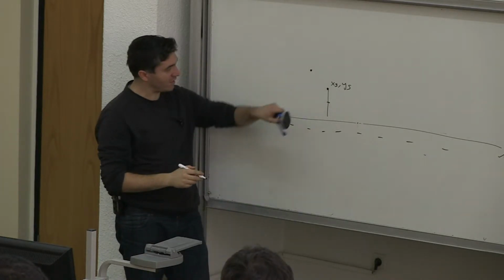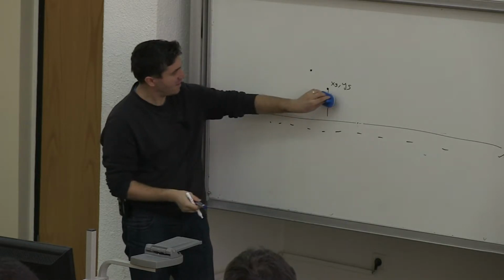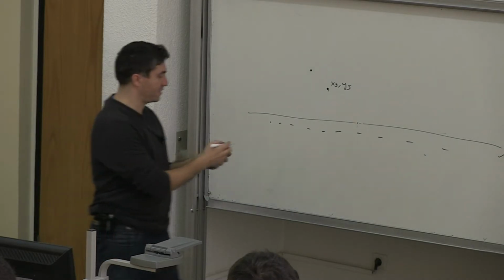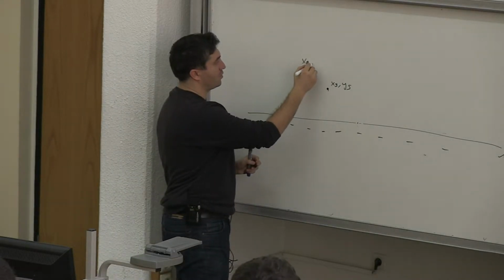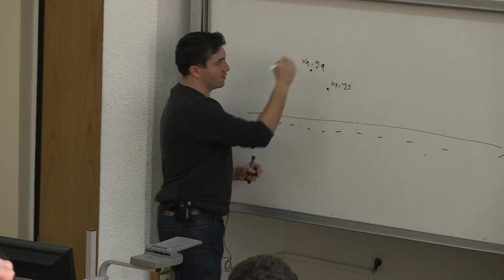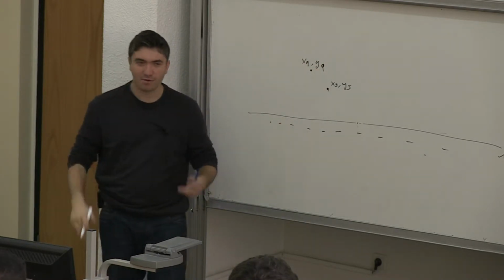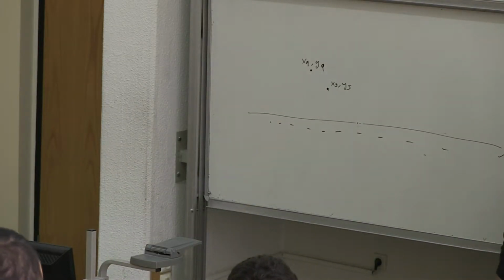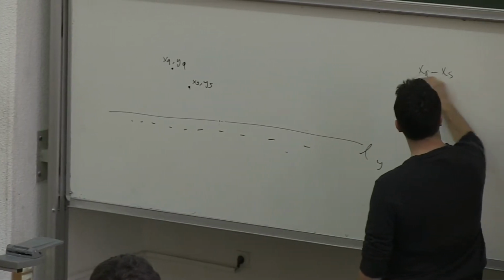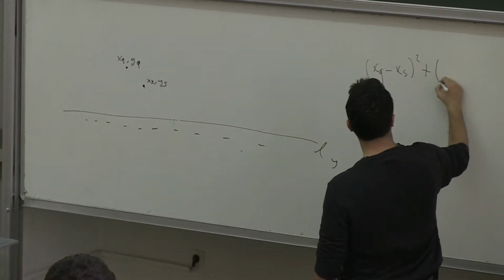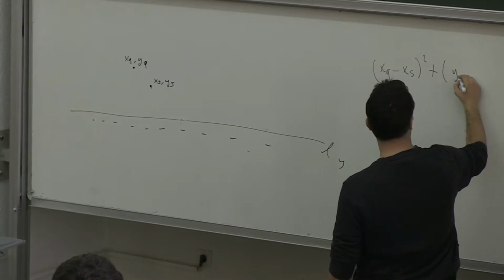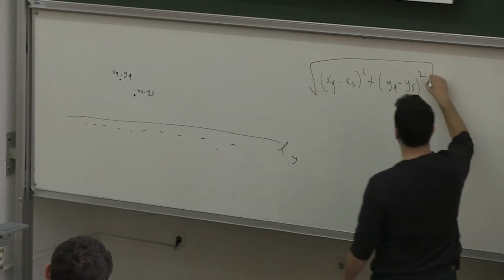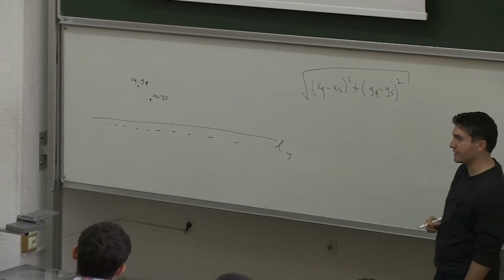In order to find all such points, let me just name them xq, yq. In order to think about the shape of these points, you need to do this, right? The distance is xq minus xs squared plus yq minus ys squared. This is the Euclidean distance between the point and the site.